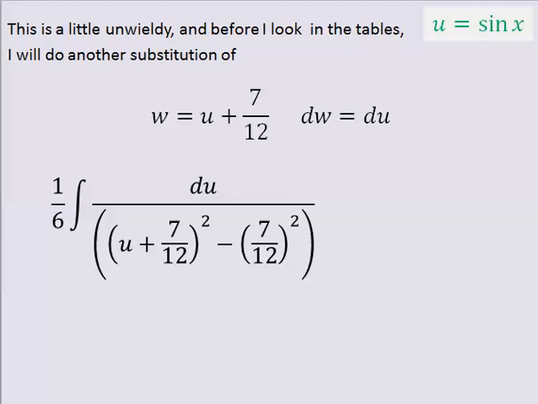But still, my fellow is rather ugly and unwieldy, and in order to clean it up a little bit, I'm going to do another substitution. The substitution is w equals u plus 7 over 12. If I make that substitution, then dw equals du. And my integral becomes this.